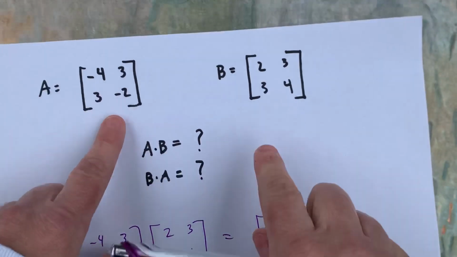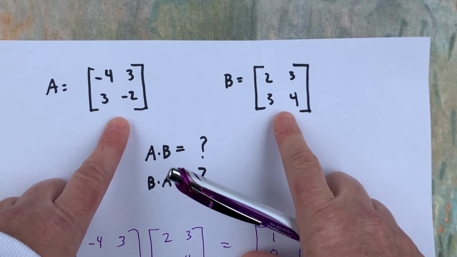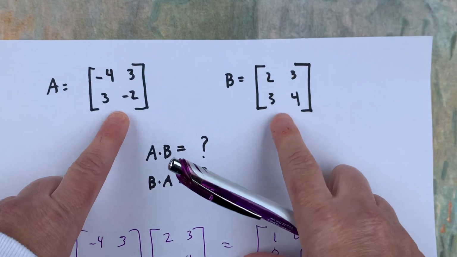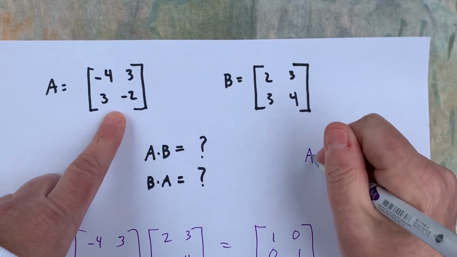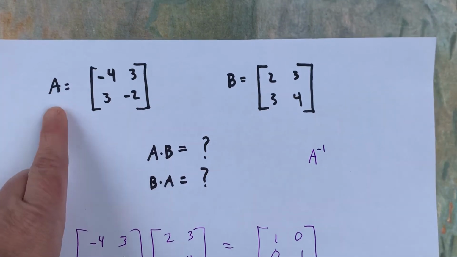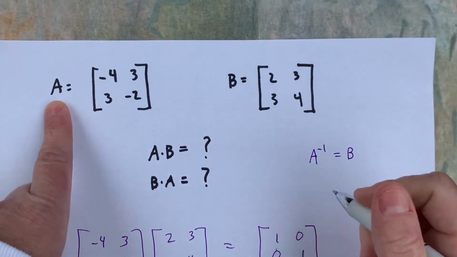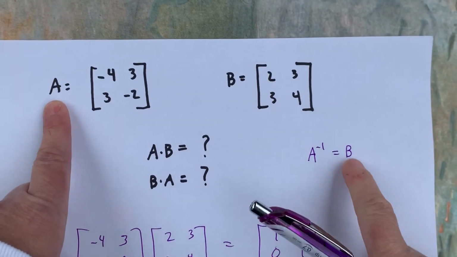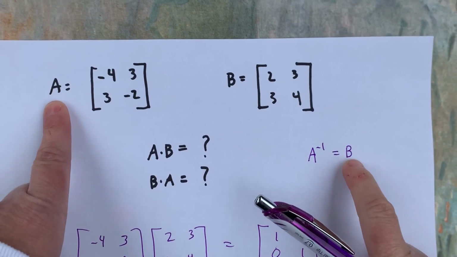So these two matrices are indeed multiplicative inverses of each other. What I can say is that the inverse of matrix A is matrix B, because B is the multiplicative inverse of A.